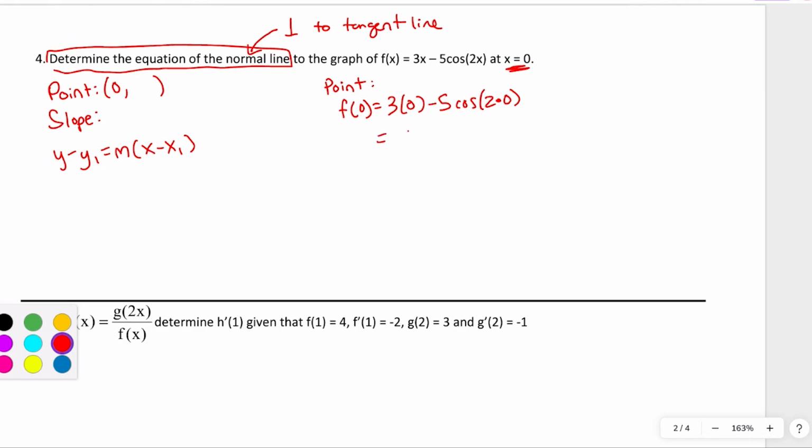Simplifying this is going to give me 0 minus 5 times 2 times 0 is 0, and cosine 0 is 1. So f of 0 is 0 minus 5, which is negative 5. So the y coordinate is negative 5. And now we're going to get the slope.